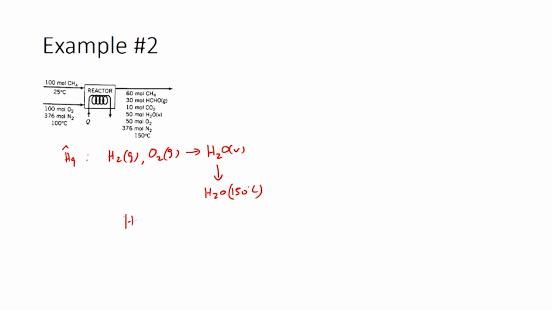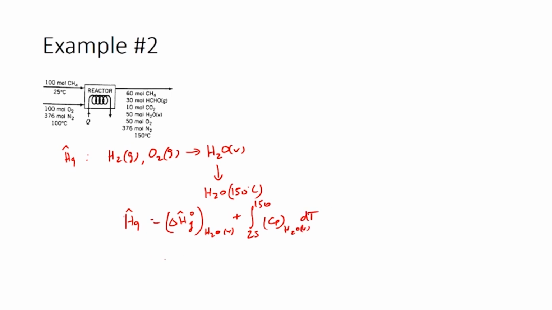So, your H9 cap would be equal to delta HF cap of water vapor plus either integral Cp dt, or you can also use the value from the enthalpy table for combustion gases, so 25 to 150 Cp of water vapor dt.